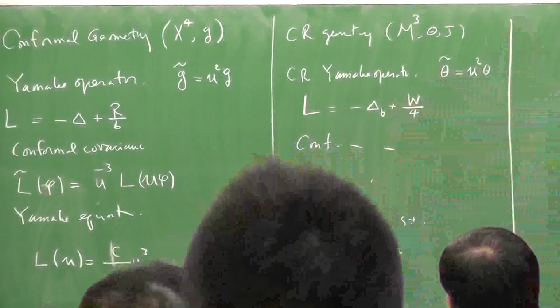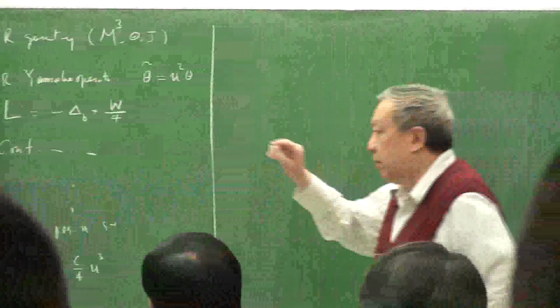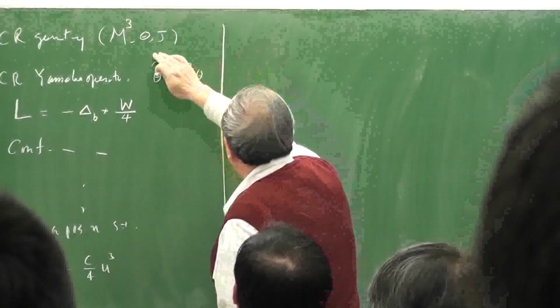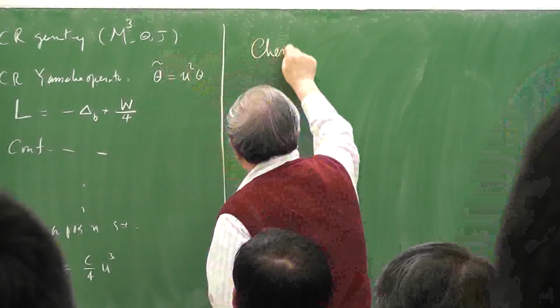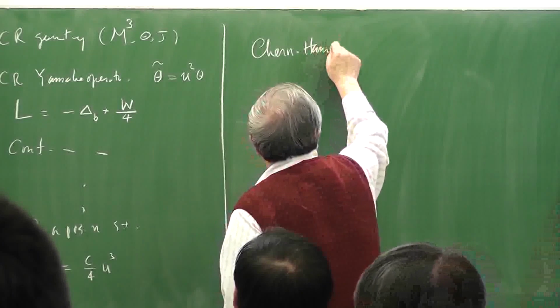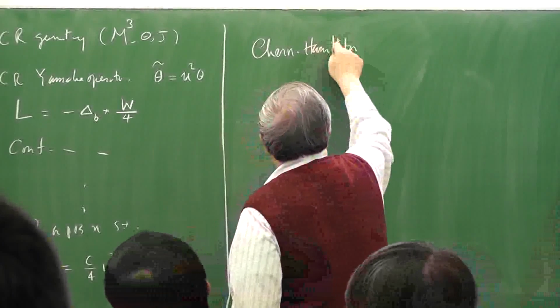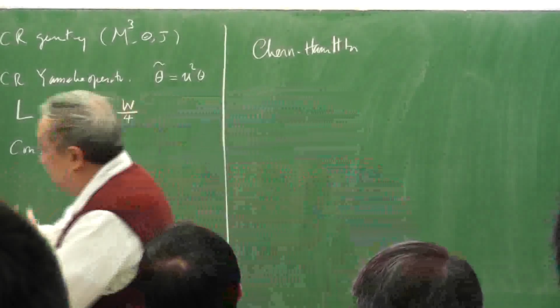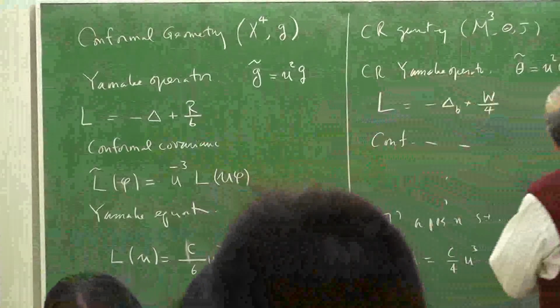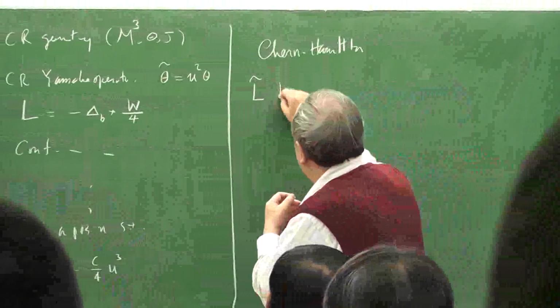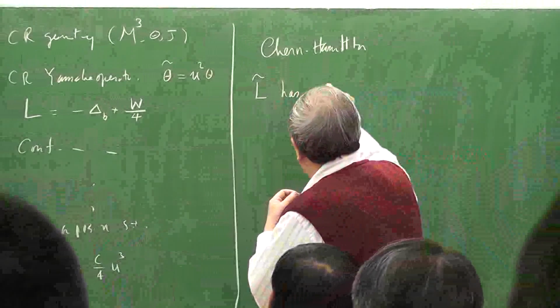So this problem actually has been studied by many people. The first one to study this in this dimension is actually our teacher, Chen and Hamilton. So they studied the case with the operator, because of this conformal covariance property, to say that L tilde, this operator here, has a sign.